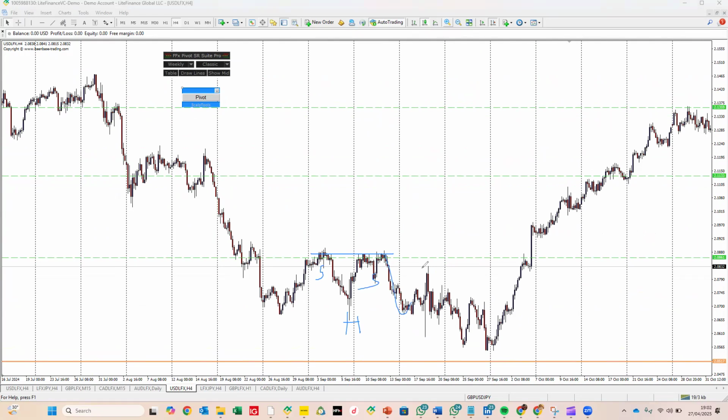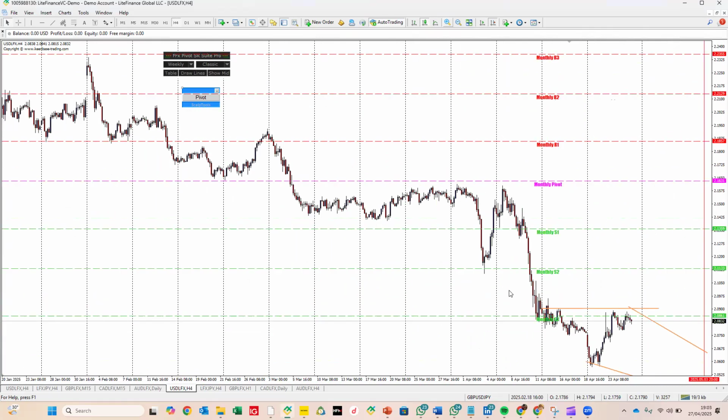And then after that, it eventually gave us a diagonal structure right here. I can see it gave us that structure right there. So exactly what we are seeing right here is what we should be expecting that price would do at the current position that we are in right now. So let us move to that point right here.